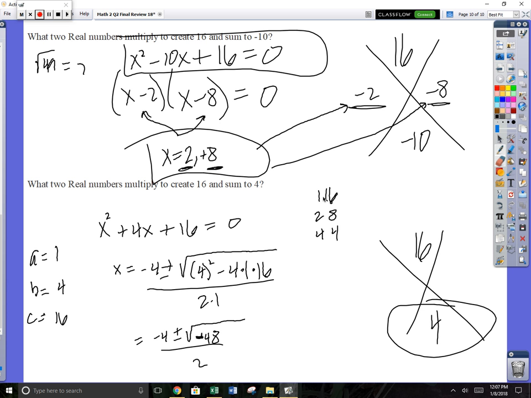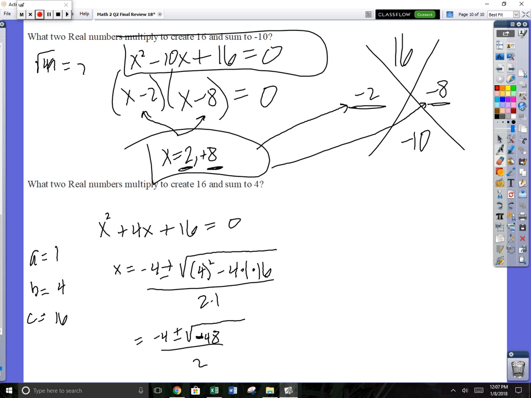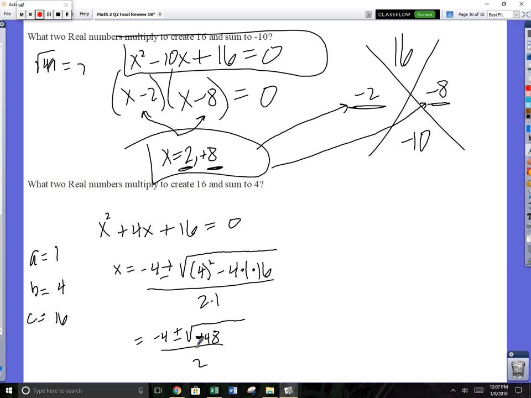Alright, let me erase some stuff. Okay, I guess I lied to you, because this negative right here, if we take this negative out, that should be your first move. So it's going to be negative 4 plus or minus an imaginary square root of 48, over 2. So what two real numbers?